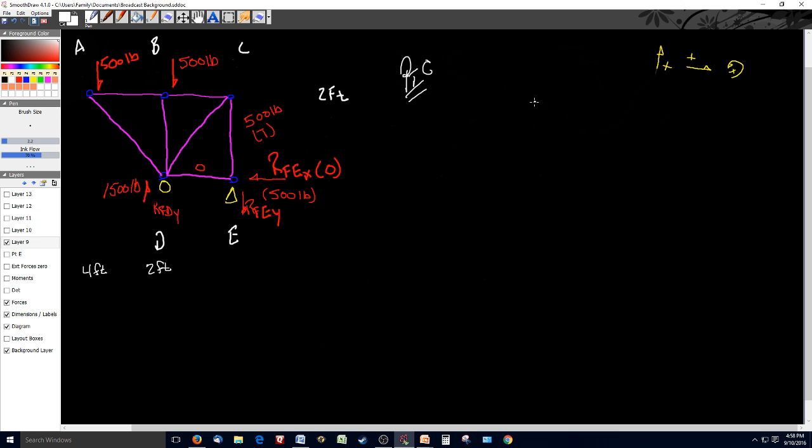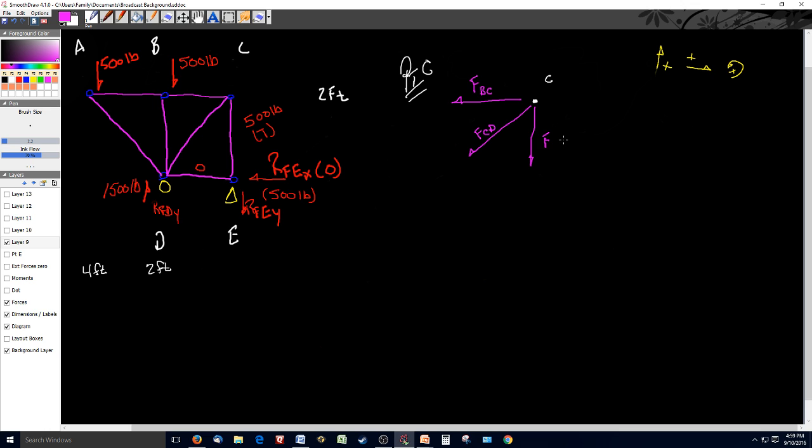So when I draw point C, I get the point itself, and then I will be able to put two vectors in here that we don't know the value for yet. This is going to be represented by the force BC. This is going to be the force from C to D. And this force we actually already know.